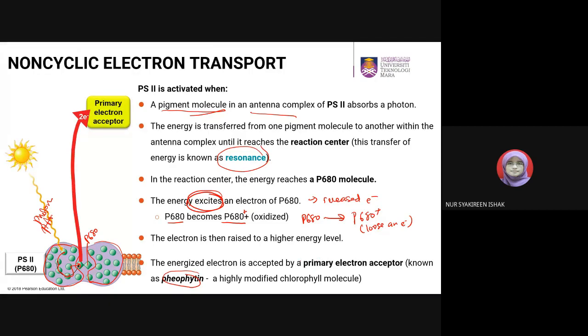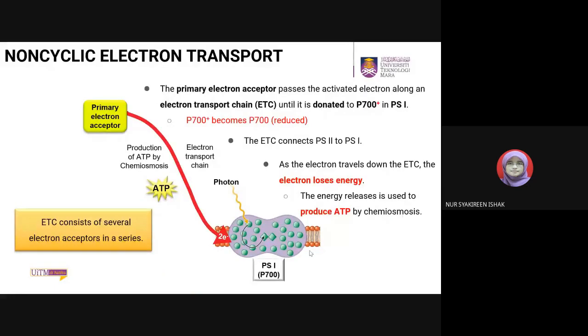Okay, so semua ni berlaku kat photosystem 2, right? So kita sambung. The primary electron acceptor passes the activated electron along the electron transport chain, ETC, until it is donated to P700 plus in photosystem 1. So mesti dia dalam keadaan yang oxidized. Okay, P700 plus means that it is lacking an electron.